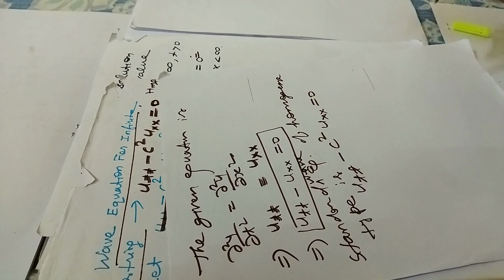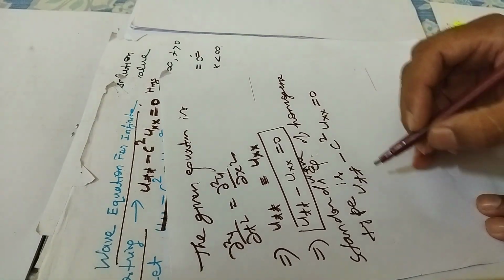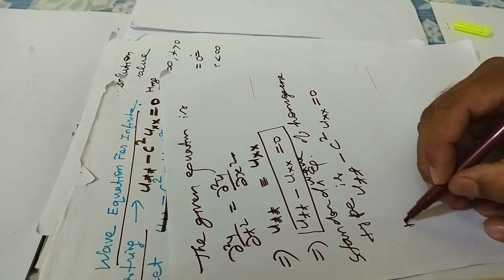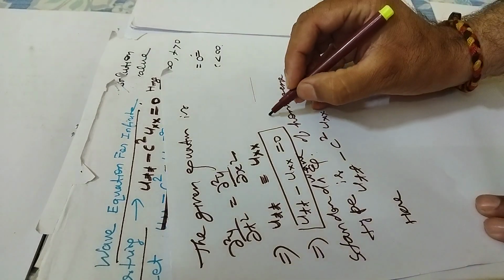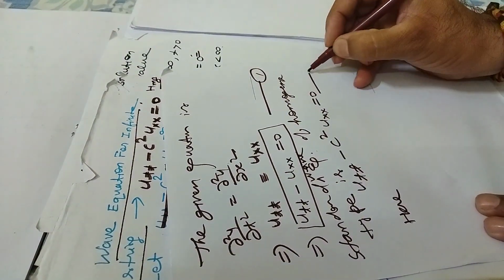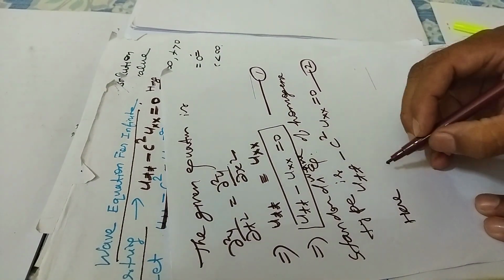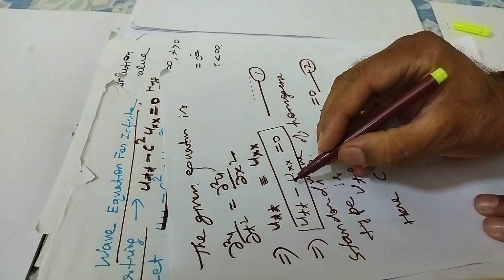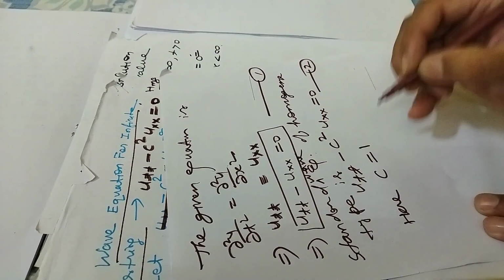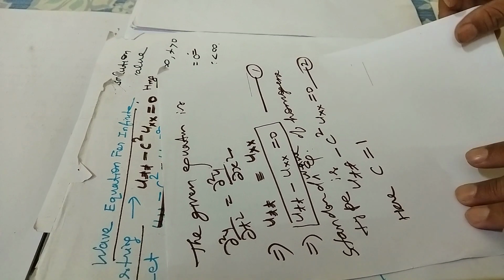And if we compare it, suppose this is 1 and this is 2, then here we get c is equal to 1. Okay, c is equal to 1.